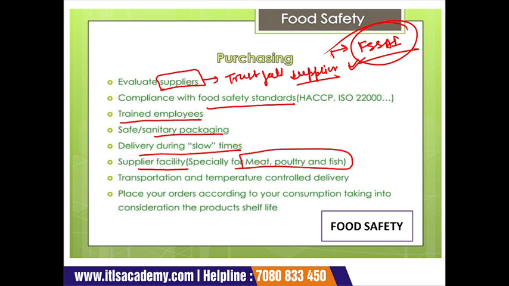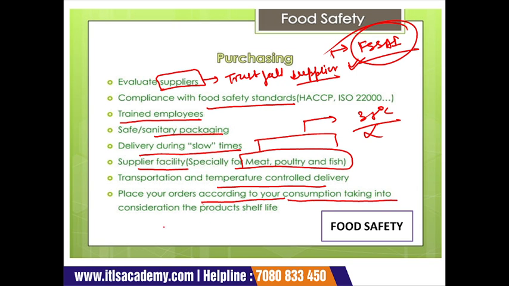This is how they supply this product, transportation and temperature-controlled delivery. Suppose someone delivers the product at 37 degrees Celsius. When you are receiving it, it is not good for purchase.